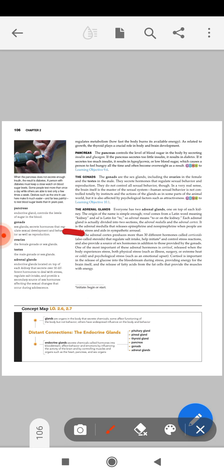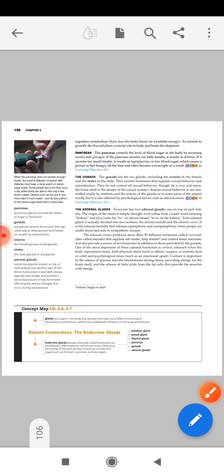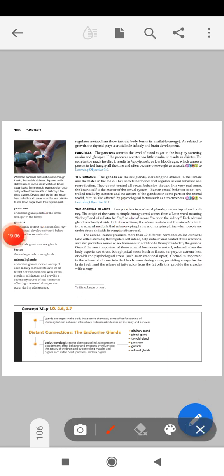Meaning during an emergency situation, the adrenal gland has a major role to play. How does this work? Because our body has to maintain the level of energy at that time. During the time of emergency, we need extra energy, and we know that our extra energy, that is excess glucose, is stored, where, you know that.